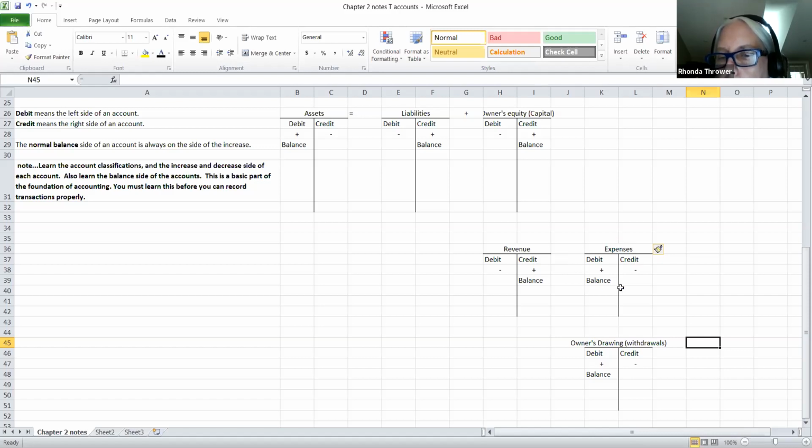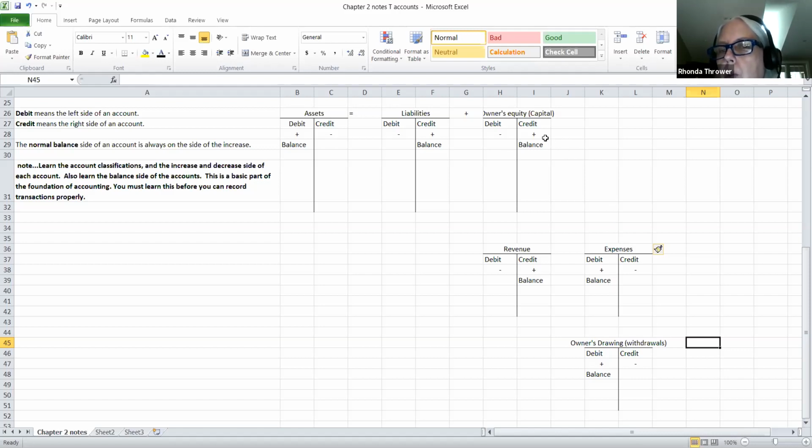Since our total expenses will decrease our owner's equity, the balance for an expense account will be on the opposite side of our owner's equity account.